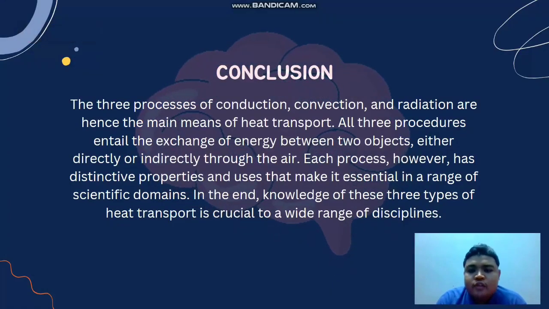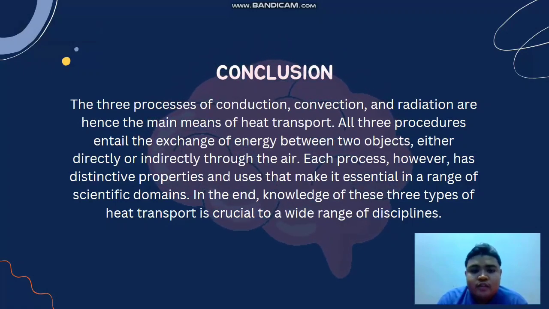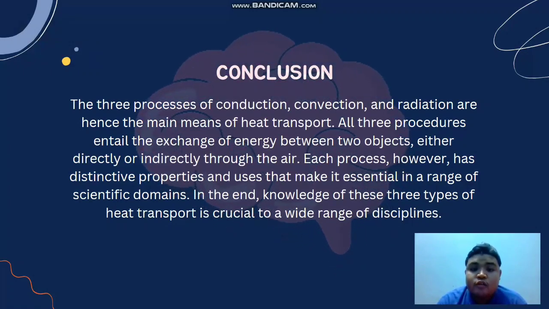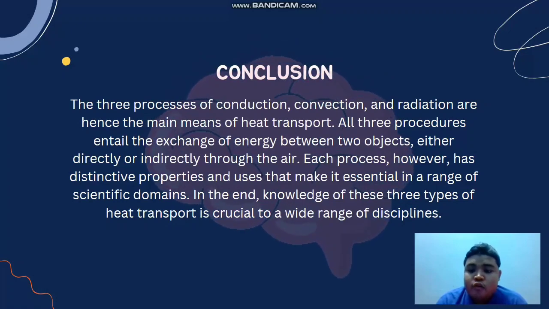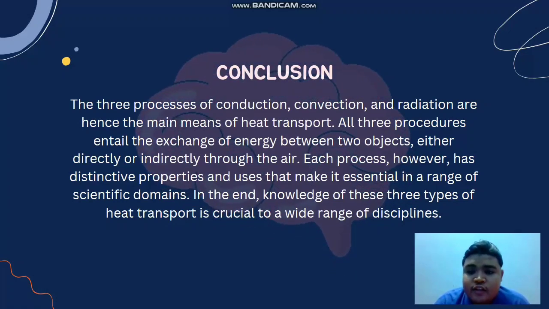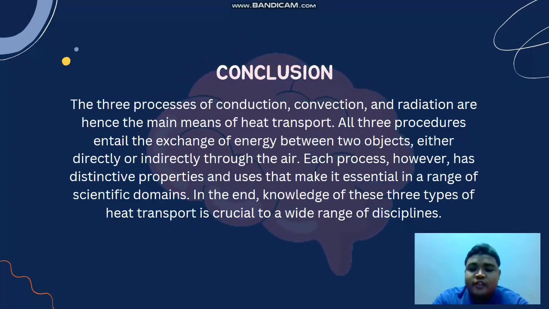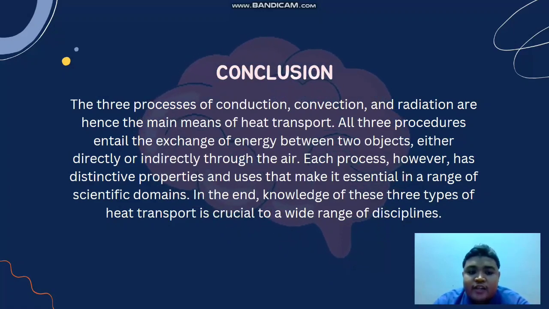Next, after doing 3 experiments, that is 1 for conduction, second for convection, and third for radiation, we can conclude from these 3 experiments that the 3 processes of conduction, convection, and radiation are the main means of heat transport, and all 3 procedures entail an exchange of energy between 2 objects, either directly or indirectly through the air.